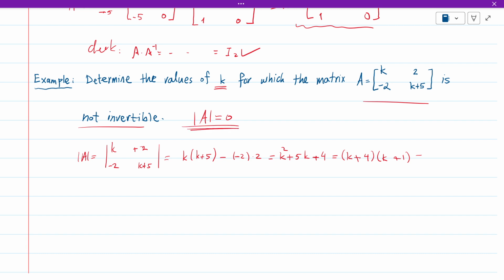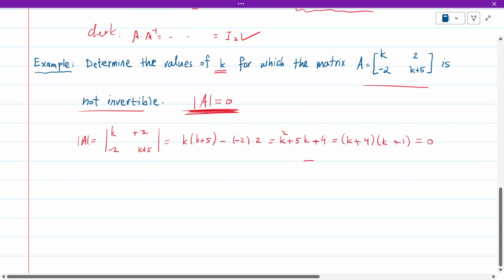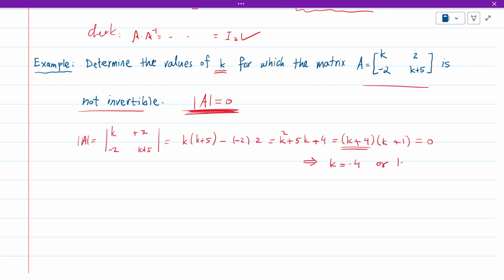If we want to find where it is not invertible, where the determinant is 0, we make this 0, and from here you know that k is either negative 4 or k is negative 1. So what is the conclusion for these two values, k equal to negative 4 and k equal to negative 1?